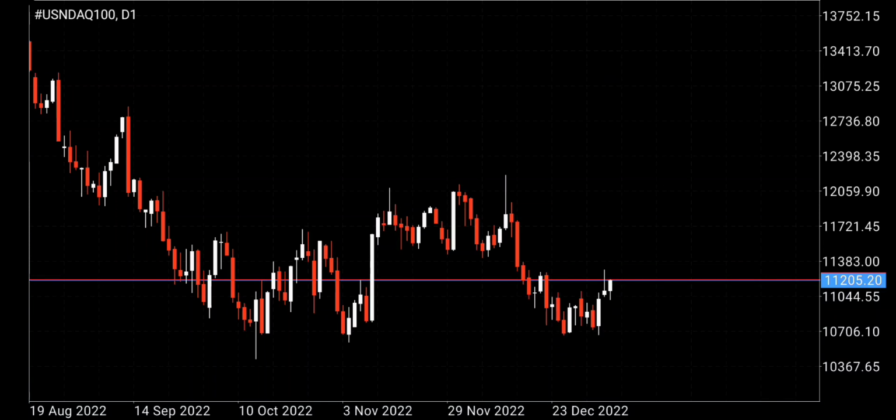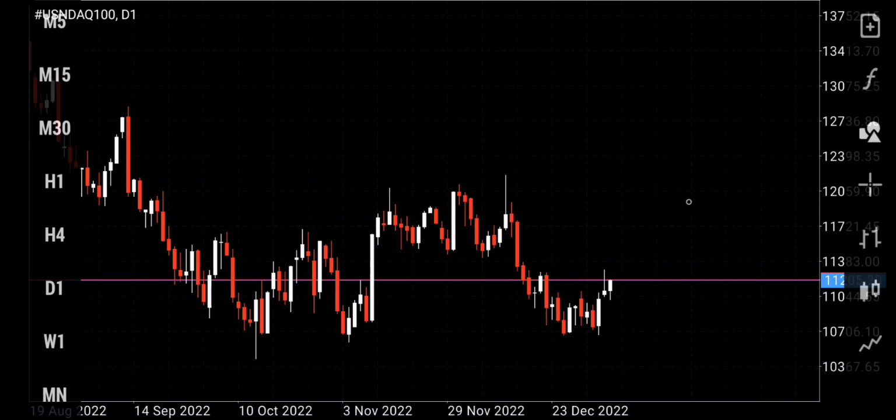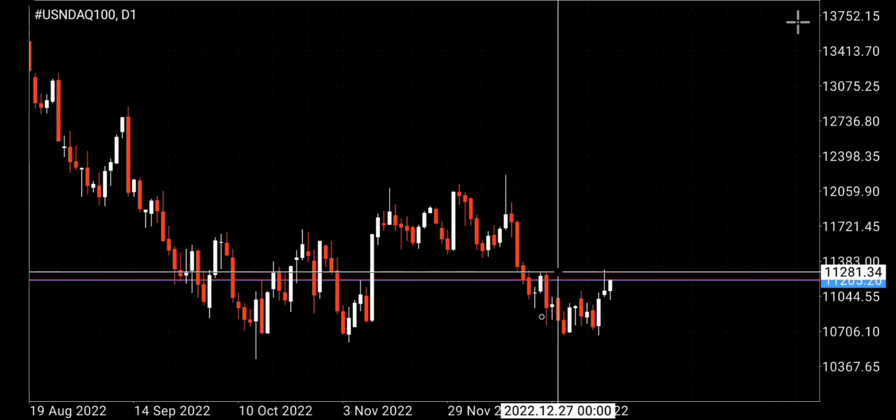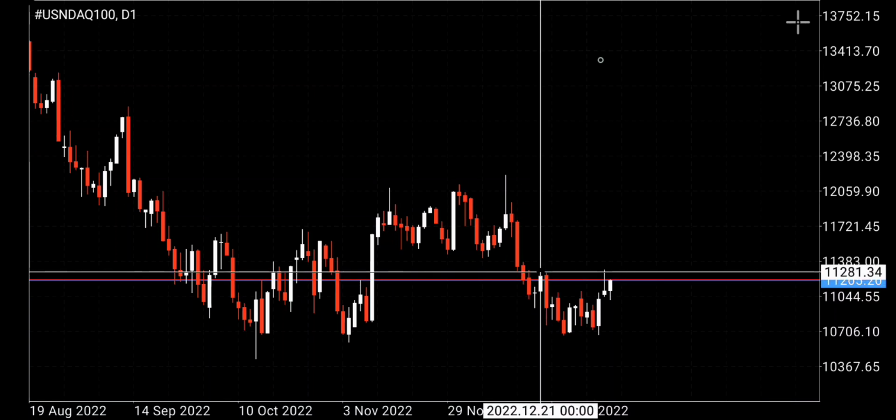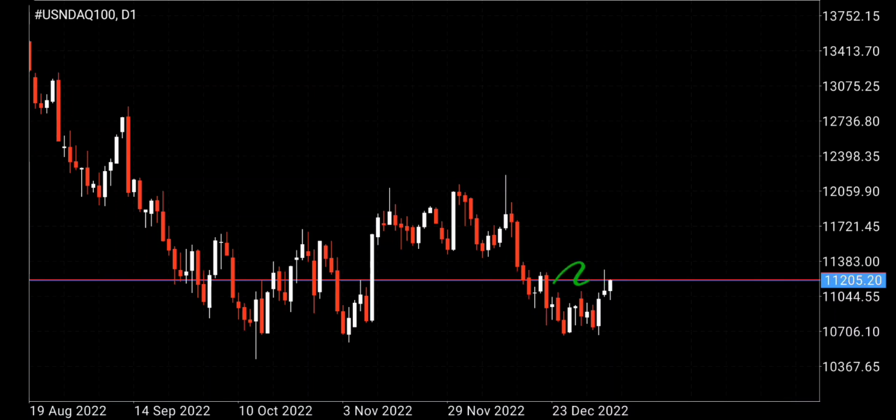So here on your daily, the price is bullish, and this was taken out, and the price formed with this, and then it took off from that. And let's just check if this one has been taken out. Okay, so this resistance has been removed, we moved higher than it.